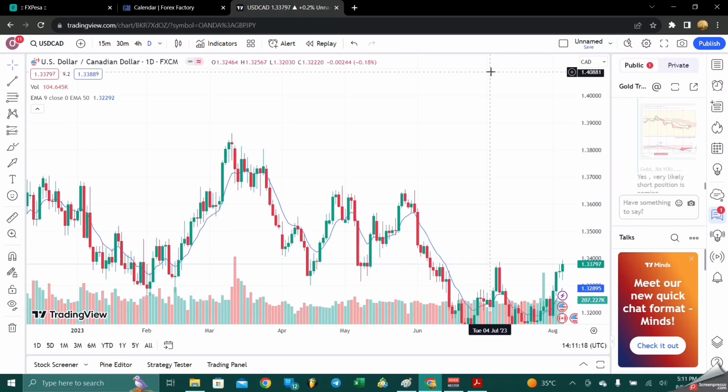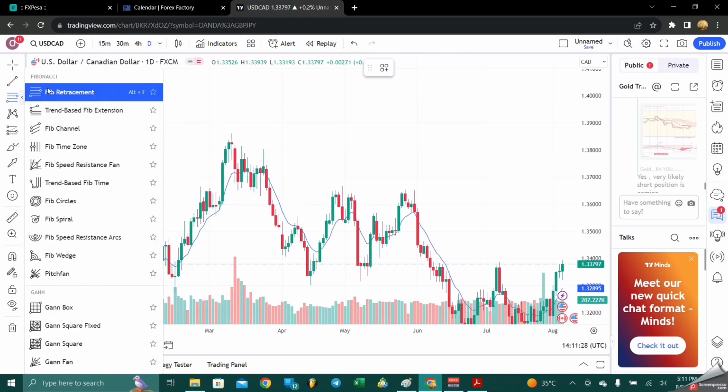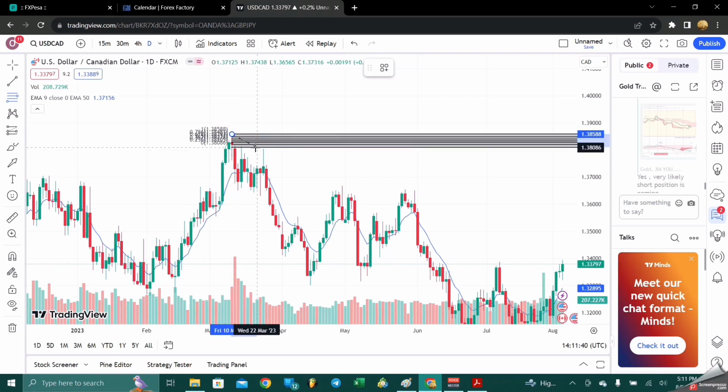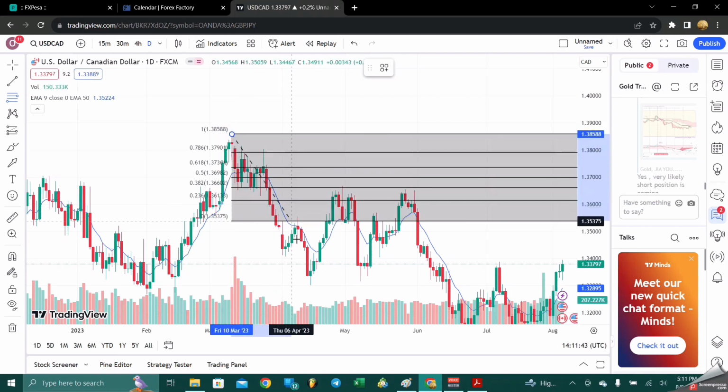Plotting a Fibonacci tool. First, in your TradingView, you come and click here on this. This is the Fibonacci retracement right here. Click on Fibonacci retracement and let's say this is the trend we're looking at. If it's a downtrend, you come to the swing high, the highest point the market reached.